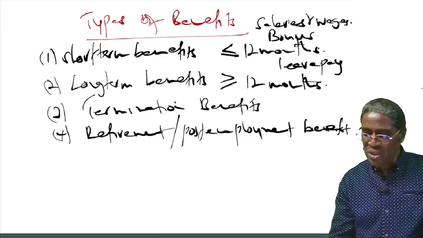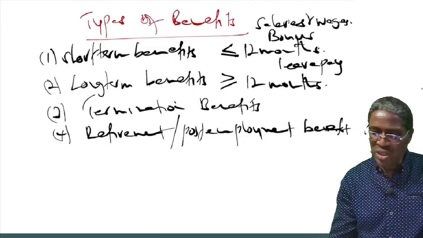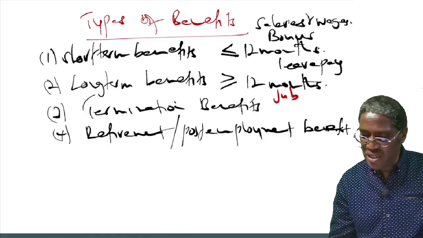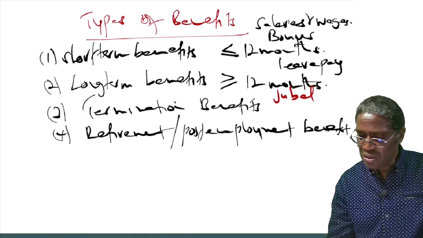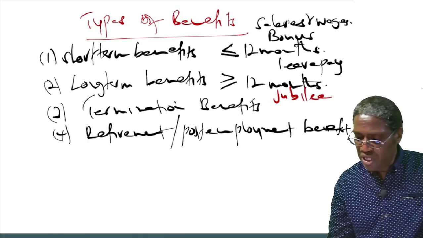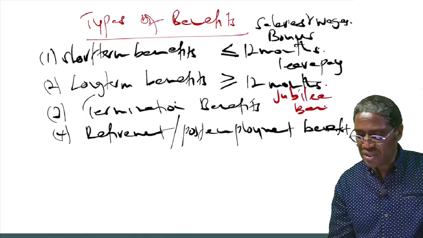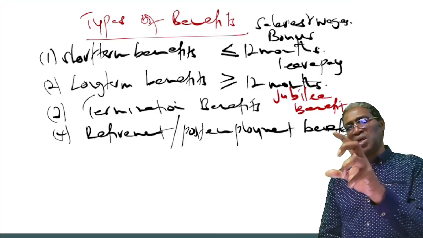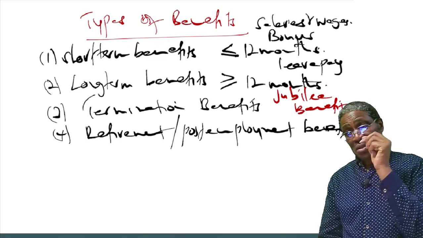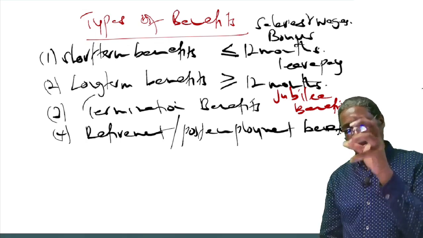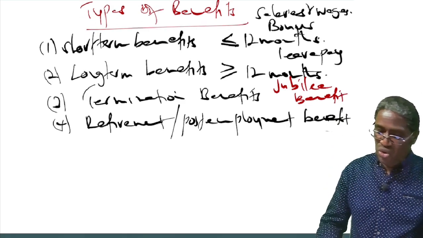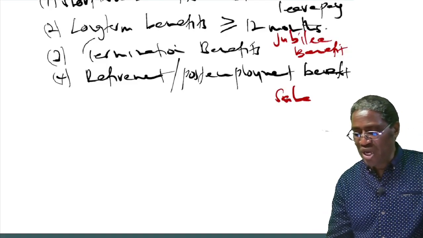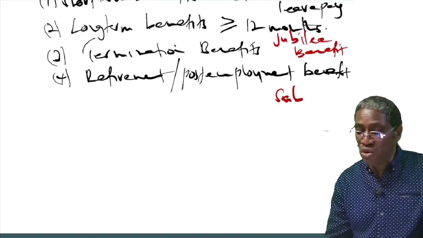For example, you can have what we can call Jubilee benefits. That's one example of a long-term benefit. Another one could be sabbatical leave. There are some companies whereby you are allowed to go for sabbatical leave.